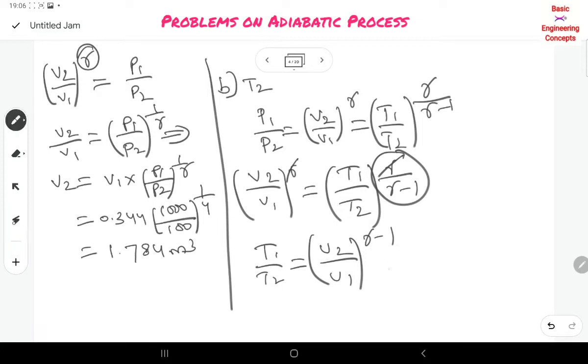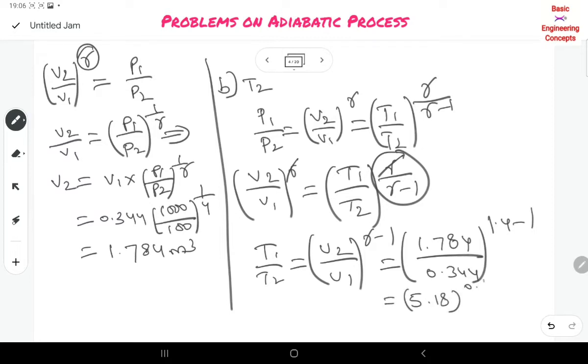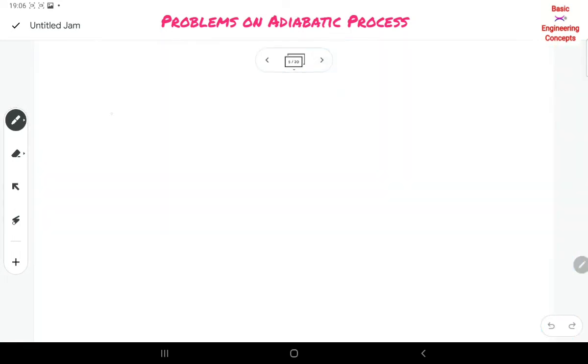Then you can write this as V2 is equal to 1.784 by V1 is equal to 0.344, to the power of 1.4 minus 1, that is 5.18 to the power of 0.4. So that is 1.93, T1 by T2 is equal to 1.93.